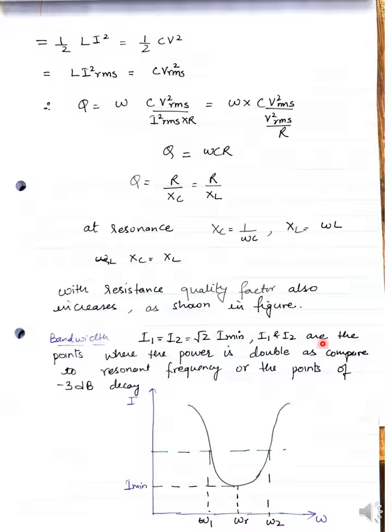I1 and I2 are the points where the power is double as compared to resonant frequency, or the point of minus 3 dB decay. There the power was half. Here the power is double because the graph is now this form, and there the graph was of this form. Means this is like a valley, and in that one it was like a mountain here. Okay.